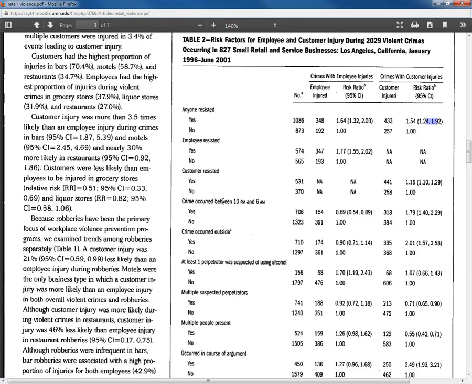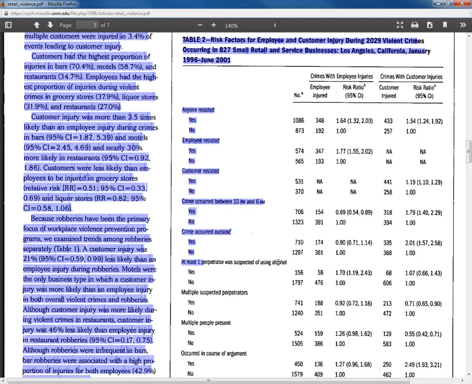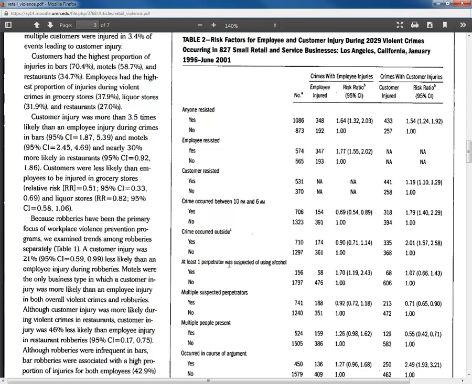Notice on some of these, for example, if there's a perpetrator that is using alcohol, there is clear statistical evidence of increased injury risk to an employee. Confidence bounds above 1, 1.7 times additional risk for an employee to get hurt.